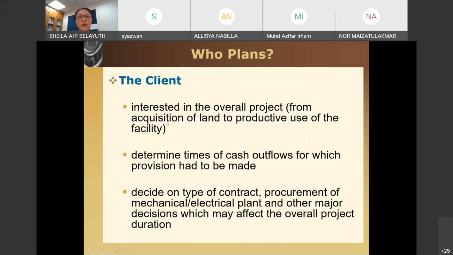In fact, I did mention about acquisition of land, because some projects actually get delayed very long because of land acquisition. So this has to be carefully planned and carefully looked into at the project definition phase itself. The risk should be highlighted to see, is it that difficult to get that land?